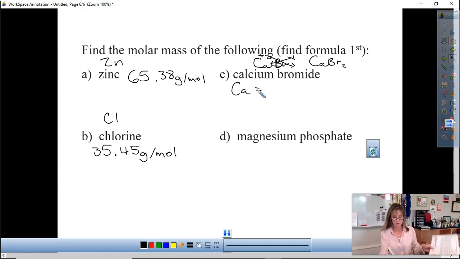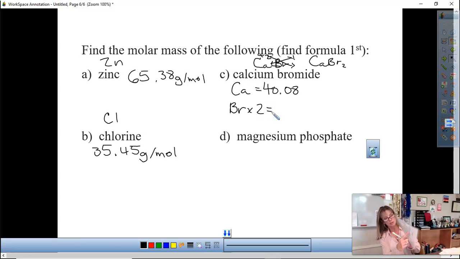It's in group 2. It's 40.08. And bromine, but there's 2 of them. So find bromine right here, 79.90 times 2, 159.8.